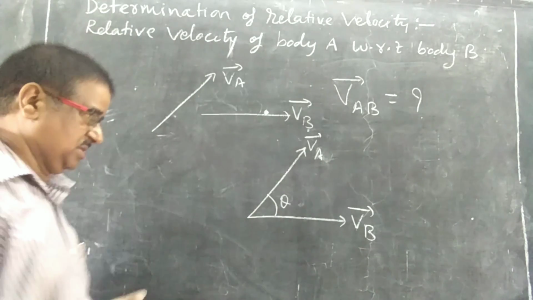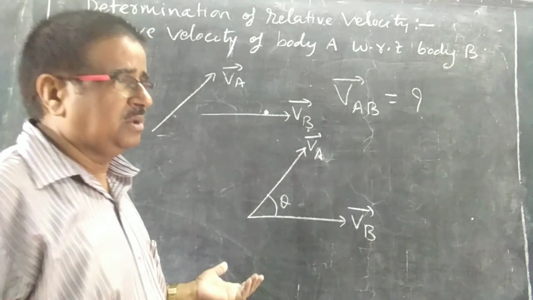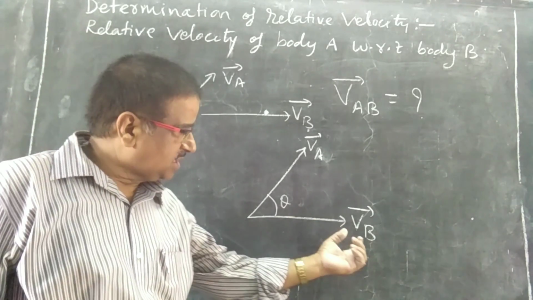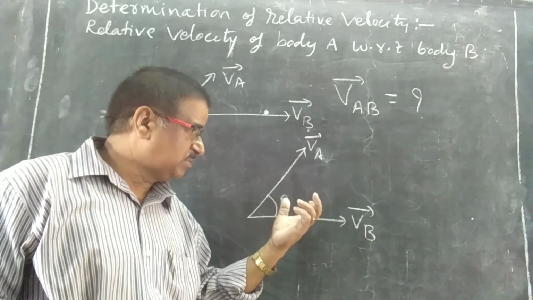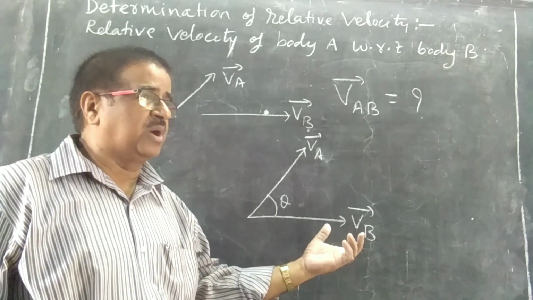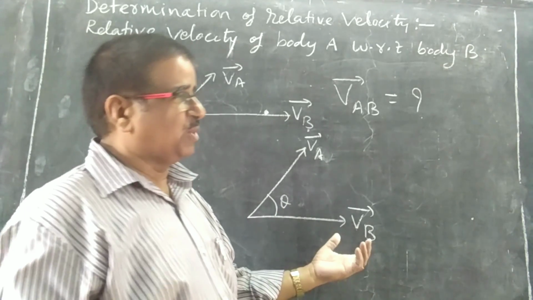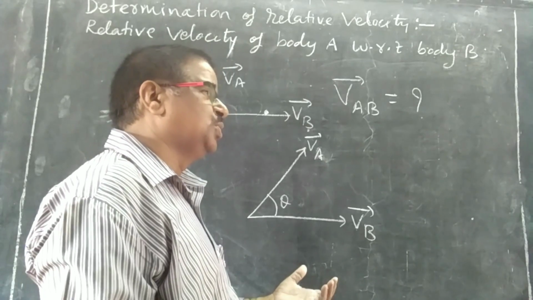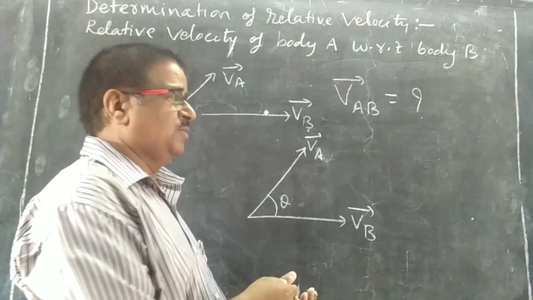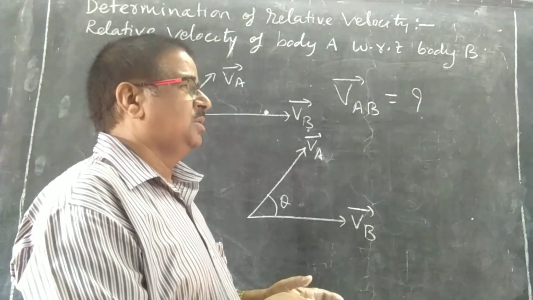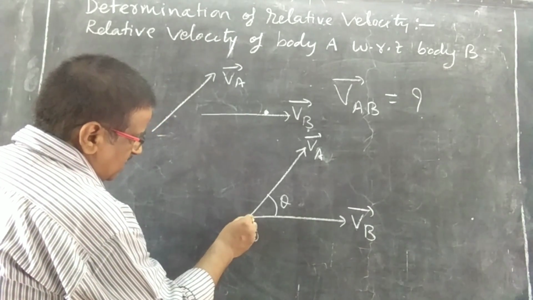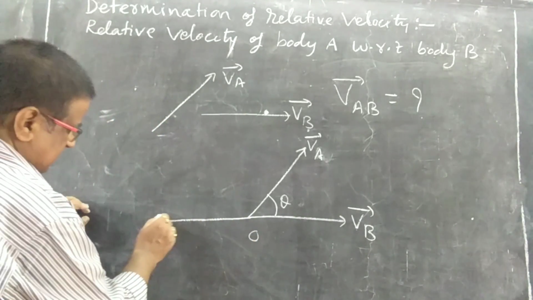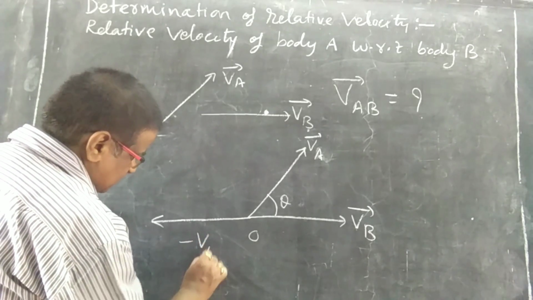How to calculate it? As told before, you have to make the body's velocity 0, and for making it 0 with respect to body B, you have to subtract the same value. So this is point O, and taking along this direction, this is minus VB.